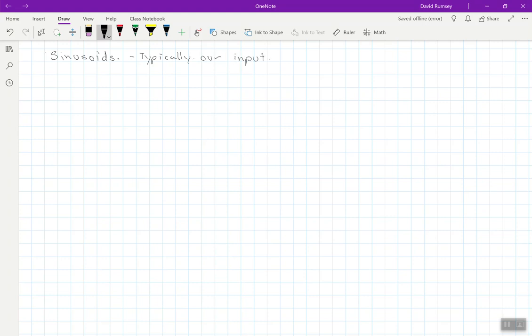It's a sinusoid. Now, this really, I think, gets people a little confused at first, because you think sinusoid, you must think, oh, I'm going to mean a sine wave. But sinusoids are either cosine or sine.